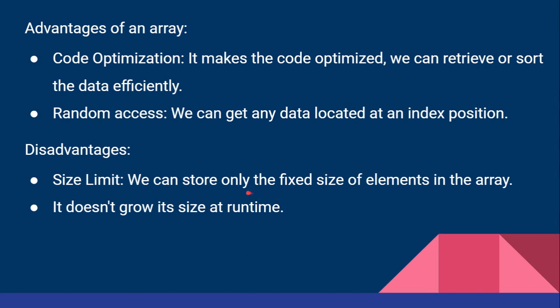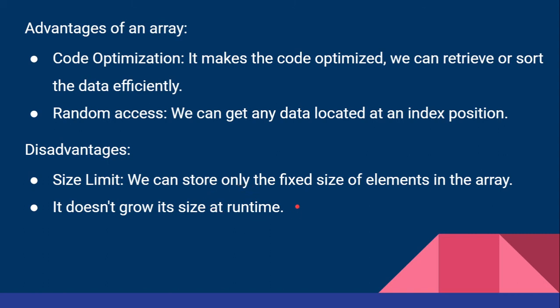So here, at runtime, arrays cannot grow their size. For example, I have fixed an array of 10 size, and during runtime, after execution, this array happens to consist of 15 elements, for example. Now in that case, this array cannot accept the remaining extra 5 elements.